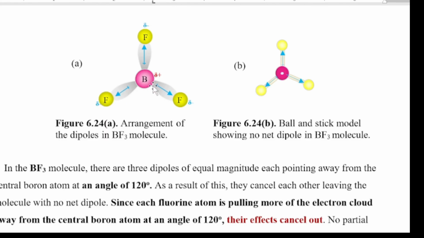So in this case, because of this equal pull in every direction, they will cancel out each other because this guy will not move. Remember, one of the things you said is that if the central atom moves, then the molecule is polar. If it doesn't move, the molecule is non-polar, and this is your ball and stick model for that.